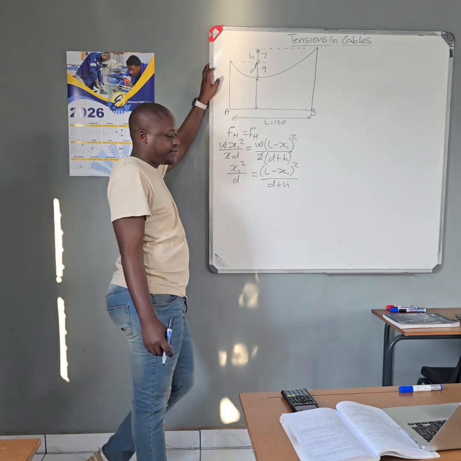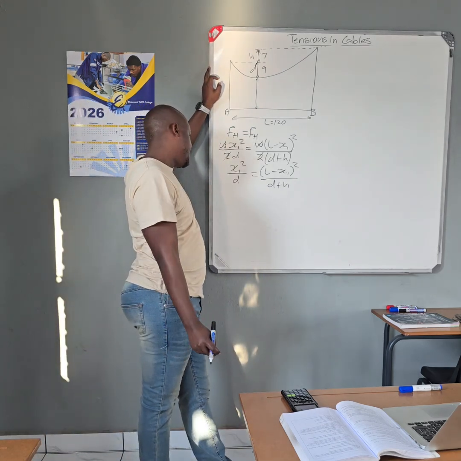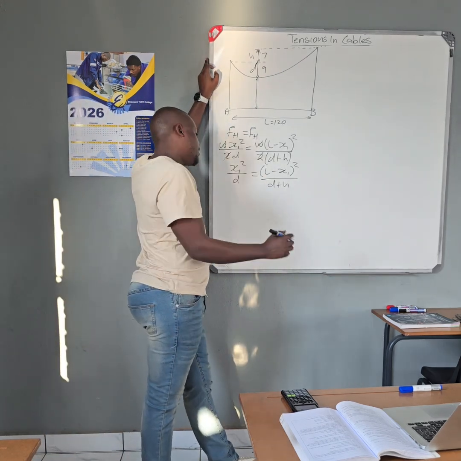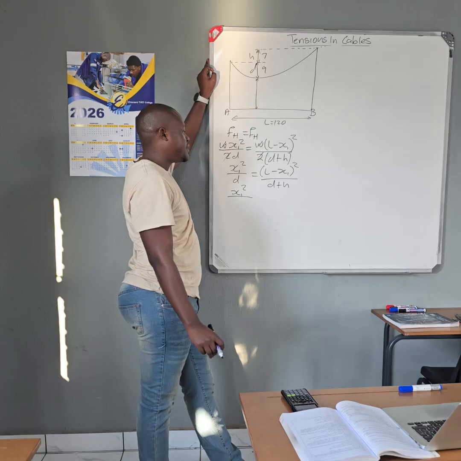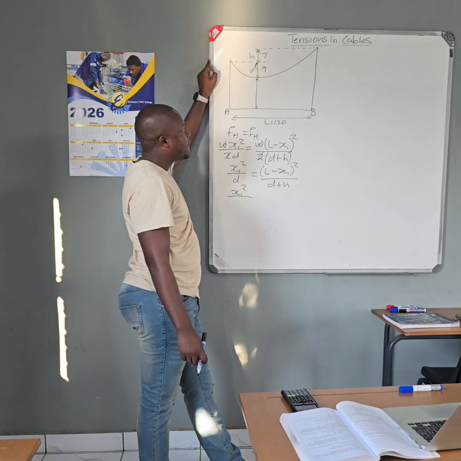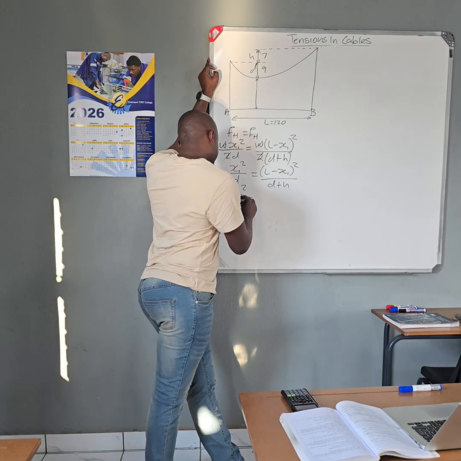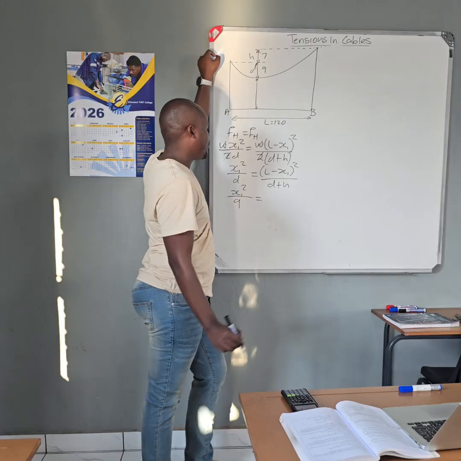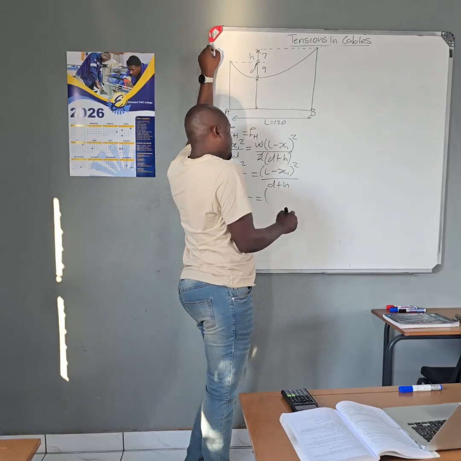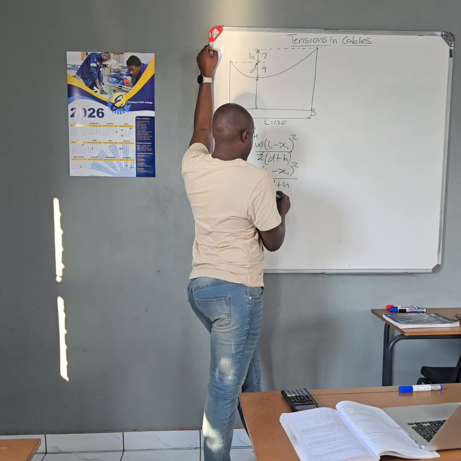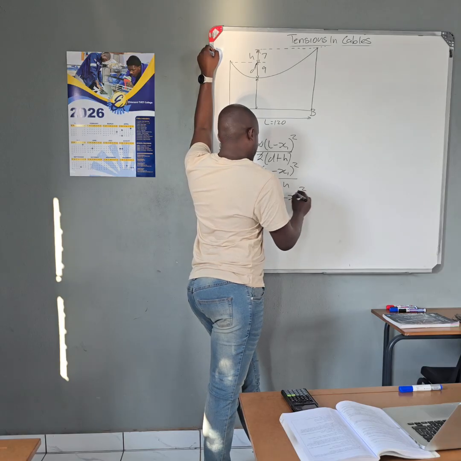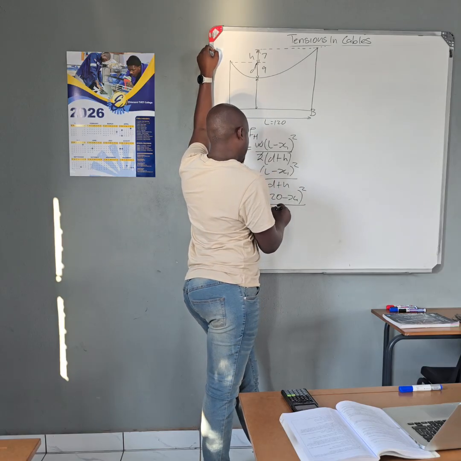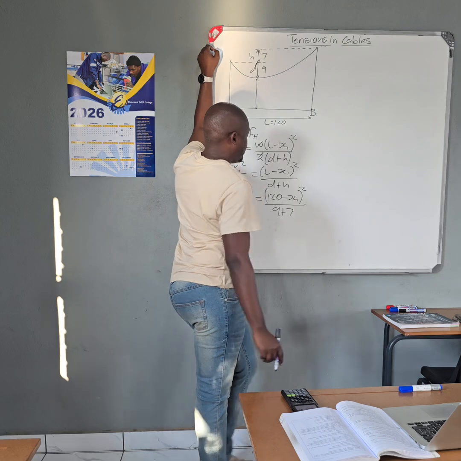Then let's substitute. We do not have x1, right? But d is equal to 9. This is going to be equal to (120 minus x1) squared multiplied by (9 plus 7).